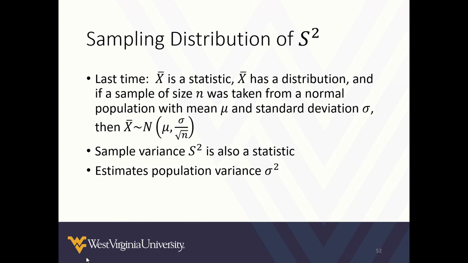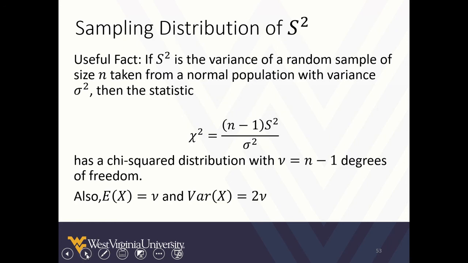So continuing with the sampling distribution of our sample variance, our sample variance S squared is also a statistic, and it estimates the population variance sigma squared. A useful fact to know is that S squared is the variance of a random sample of size n taken from a normal population with variance sigma squared.